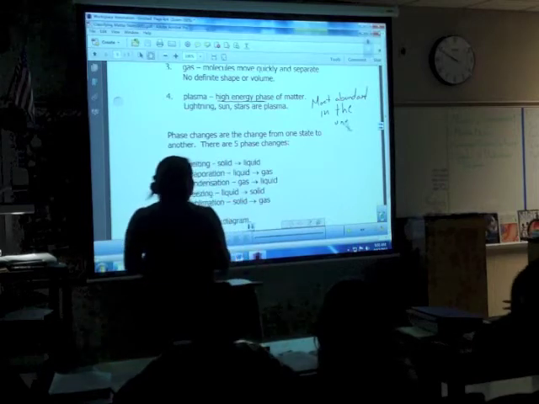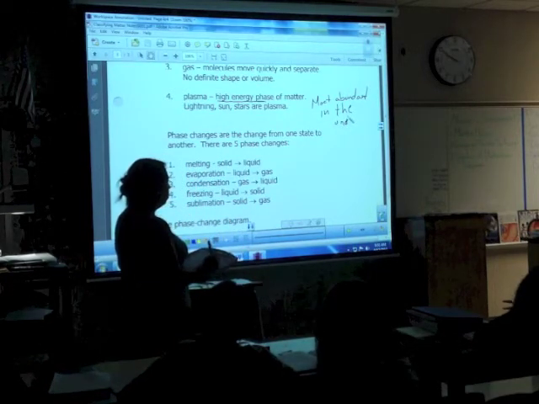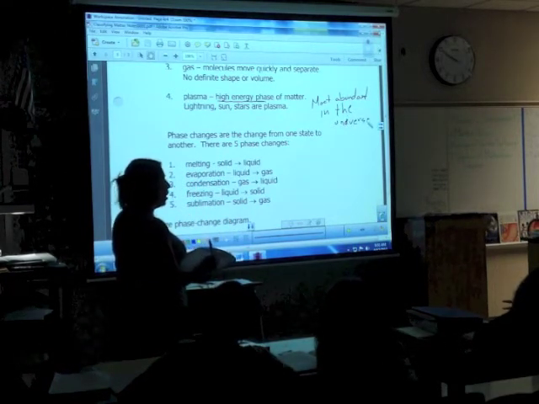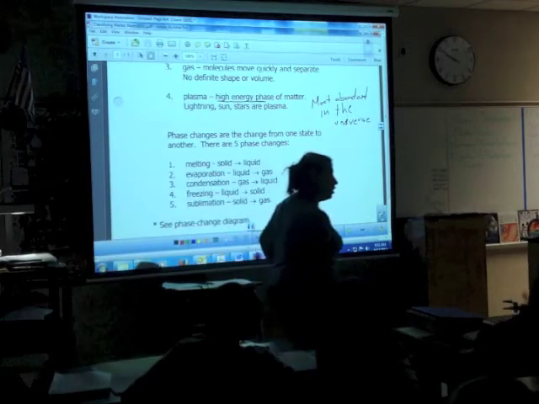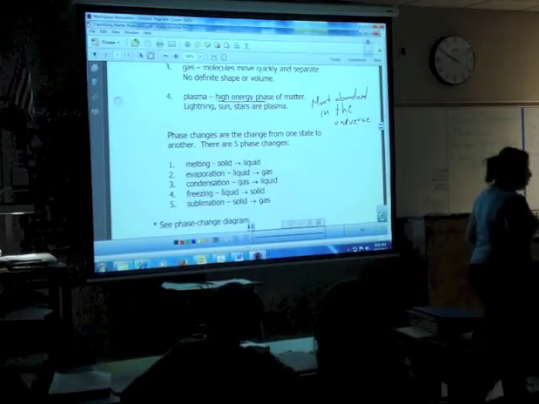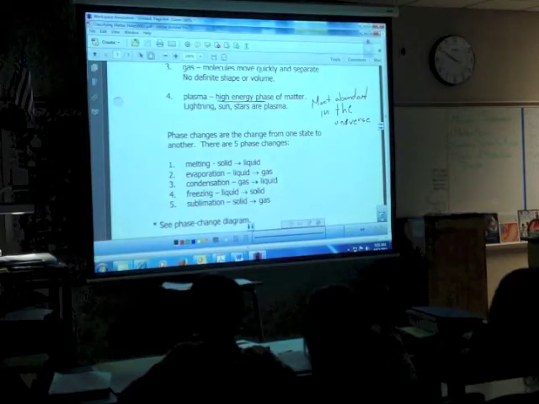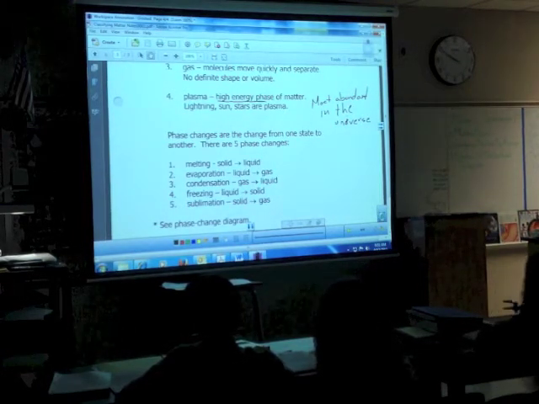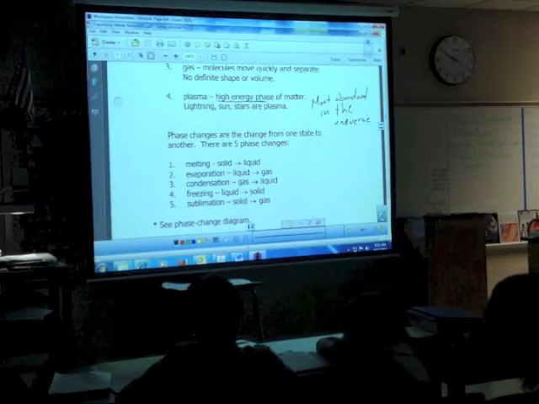If you were out looking for which state of matter you could find the most of in this universe, it would be plasma. Plasma is very high energy. The particles are going crazy. They're moving crazy fast. Okay?